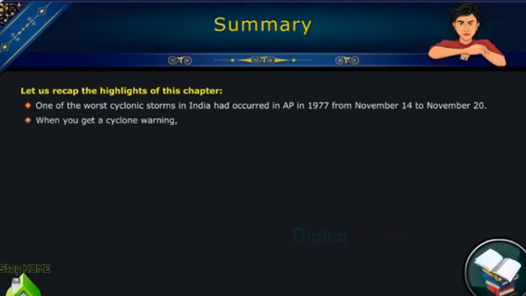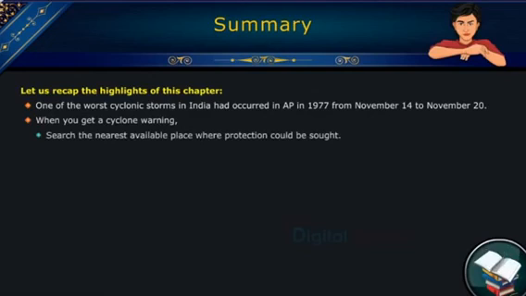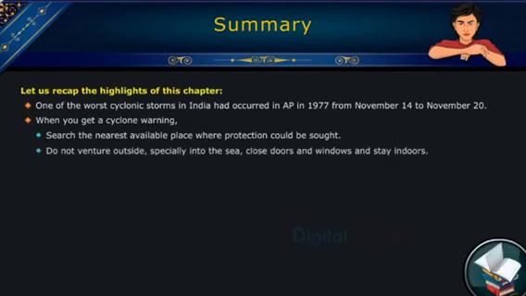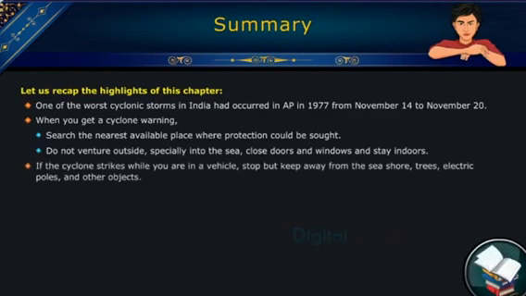When you get a cyclone warning, search the nearest available place where protection could be sought. Do not venture outside, especially into the sea. Close doors and windows and stay indoors. If the cyclone strikes while you are in a vehicle, stop, but keep away from the seashores, trees, electric poles and other objects.